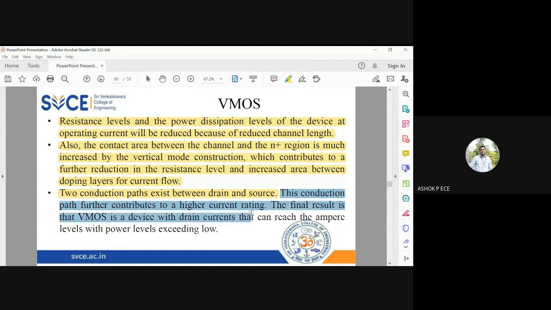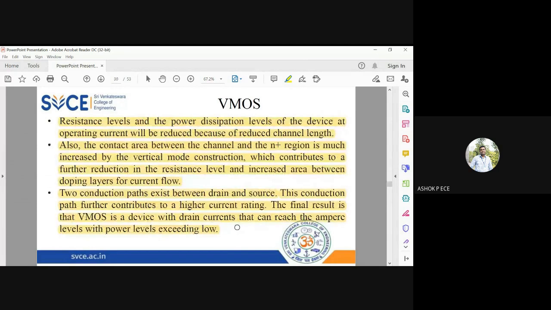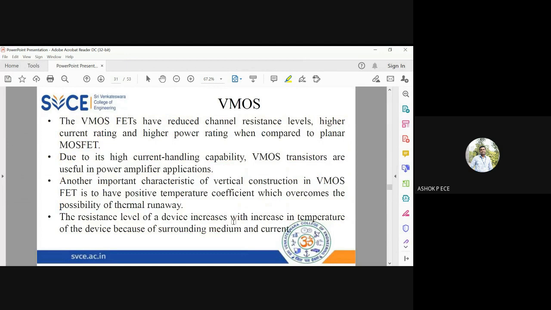You can have amperes of current flowing through the device, and the power level is also going to be more. Because of this arrangement, the currents are additive. So two currents will be flowing from the source to drain, resulting in a very high current flow and higher power generation in the device. So VMOSFETs have reduced channel resistance and high current rating compared to the conventional MOSFETs.